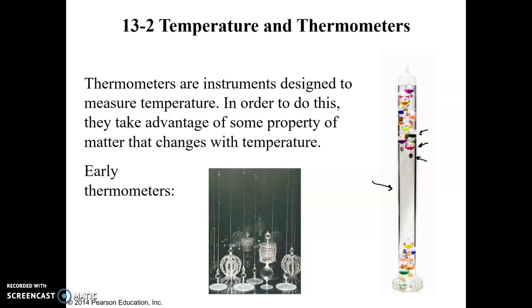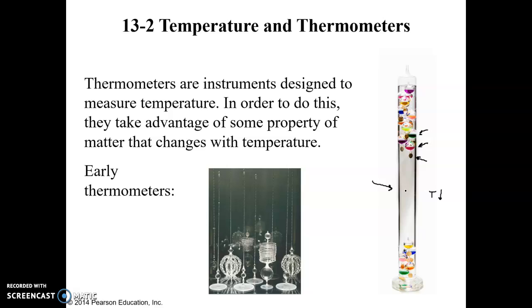So the thermometer works on the principle of buoyancy. When the fluid inside, which is usually just water, when its temperature goes down, the molecules get closer together, and the fluid becomes more dense.